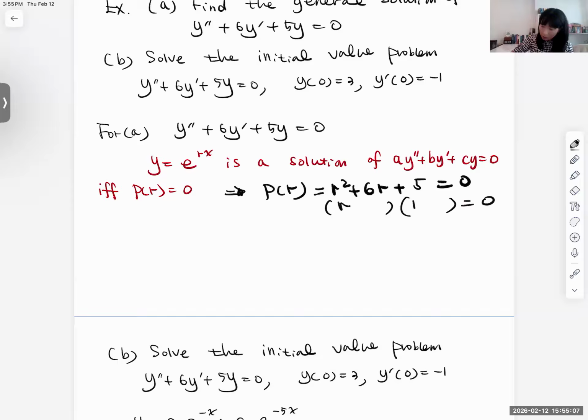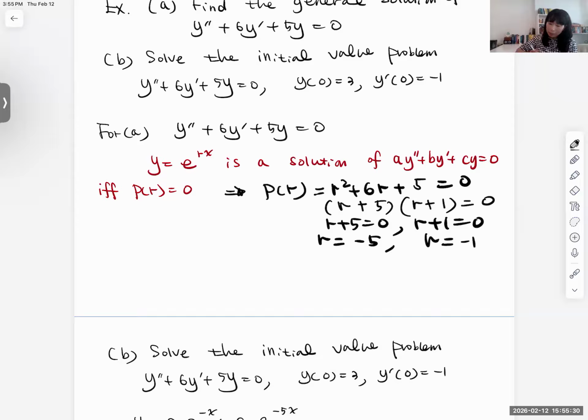So we have r times r and positive. So 5 times 1 is 5, and we add them, get 6r, right? Okay, in that case, r plus 5 equal to 0, r plus 1 equal to 0. So r equal to negative 5, r equal to negative 1, right?